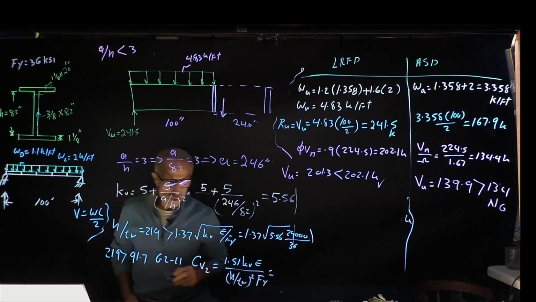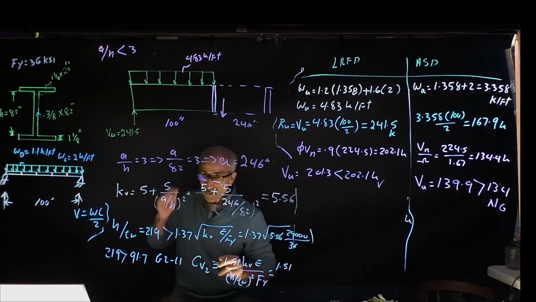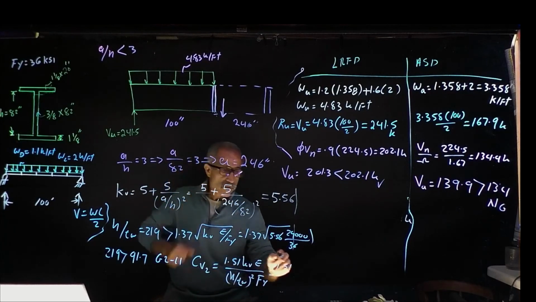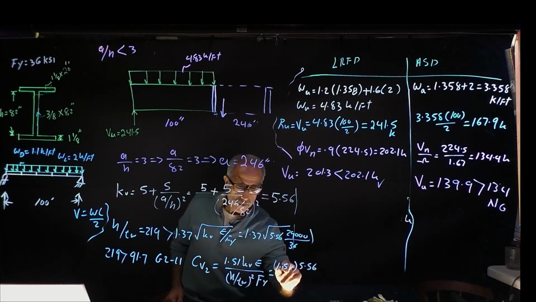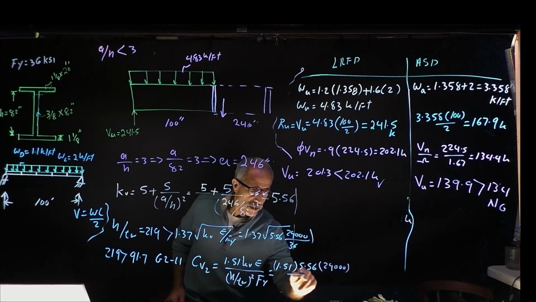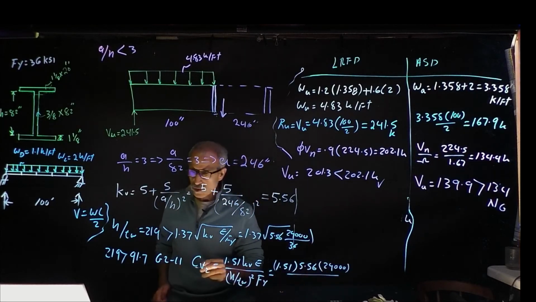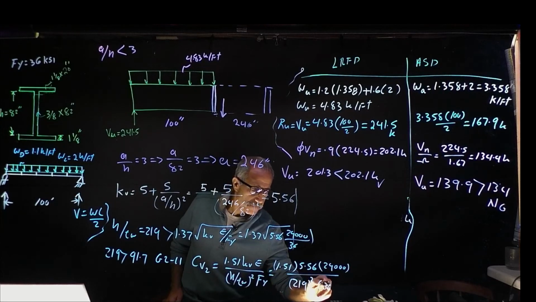And it comes out to 1.51 times KV of 5.56 and 29,000 KSI, divided by H over TW, which came out to 219 squared, times 36.